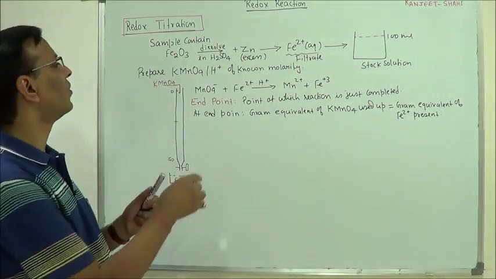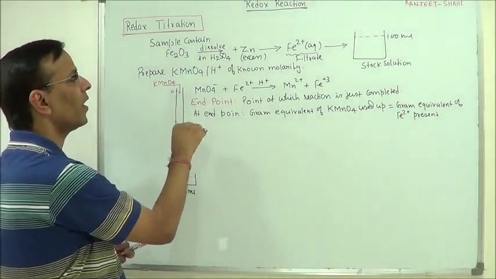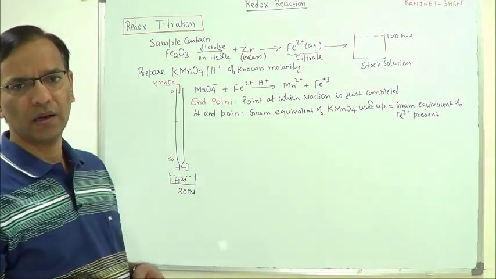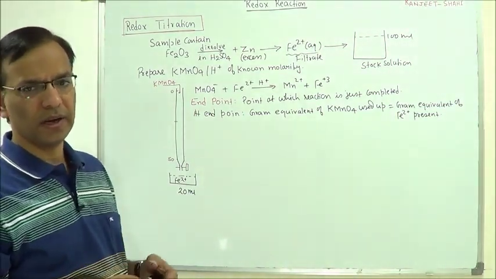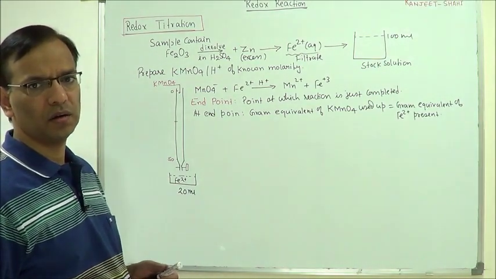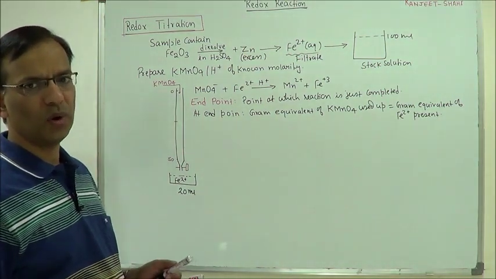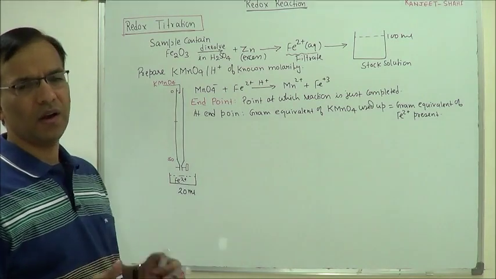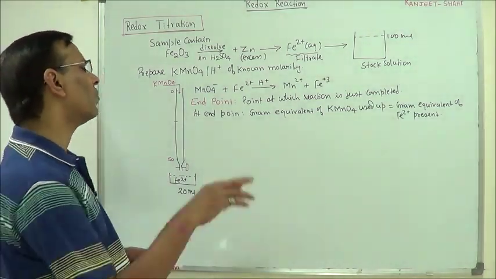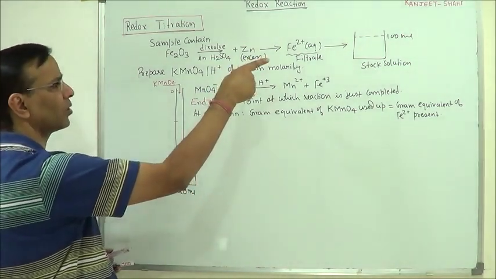So if the volume of potassium permanganate required to reach the end point is measured here, and the molarity is known, using volume and molarity the gram equivalent of potassium permanganate can be calculated, and with that the gram equivalent of ferrous ion will also be known, as they will be equal. And then we convert the gram equivalent of ferrous ion from 20 ml to the 100 ml stock solution.